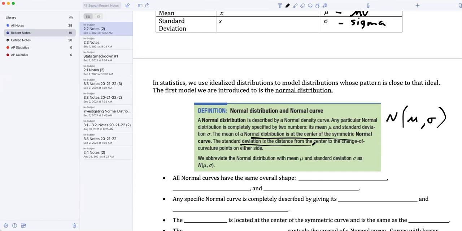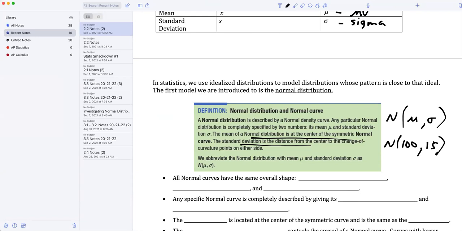So for example, there's a lot of things in life that are normally distributed. For example, we might have a mean of 100 and a standard deviation of 15. This might represent an IQ test, for example.